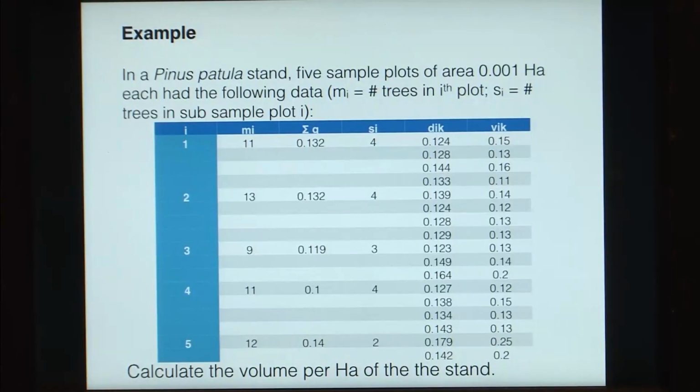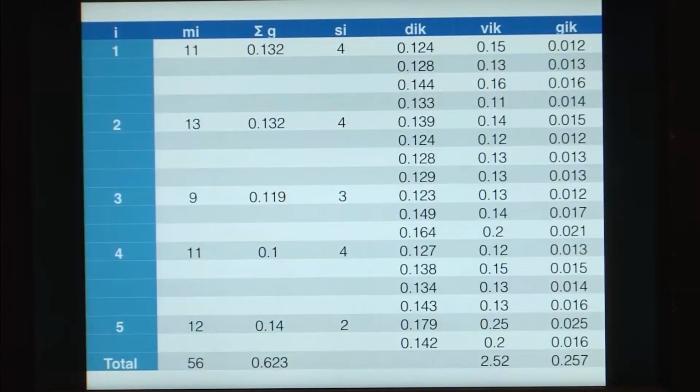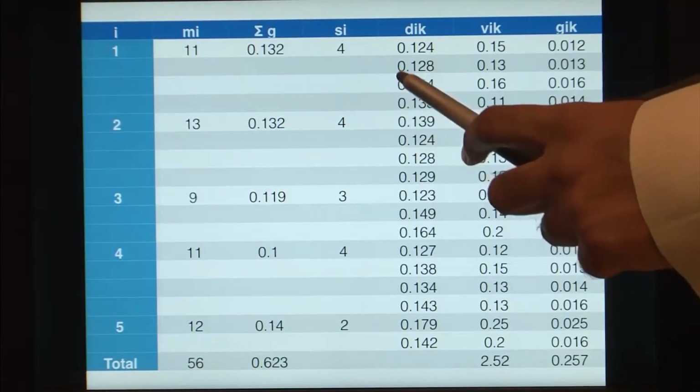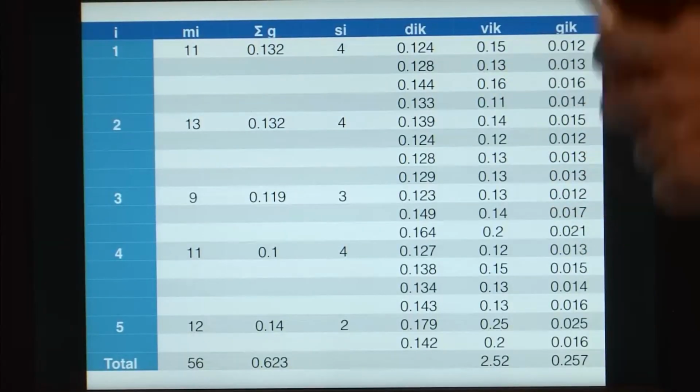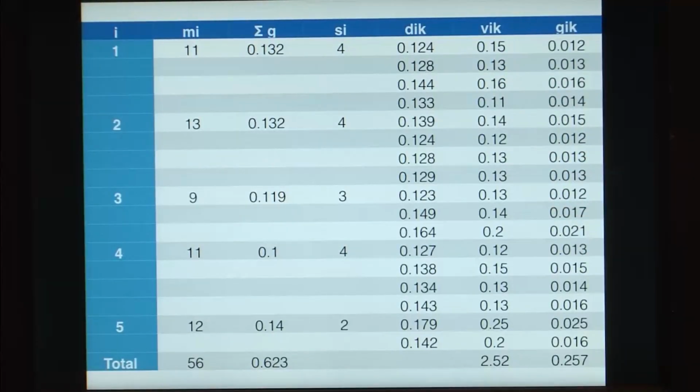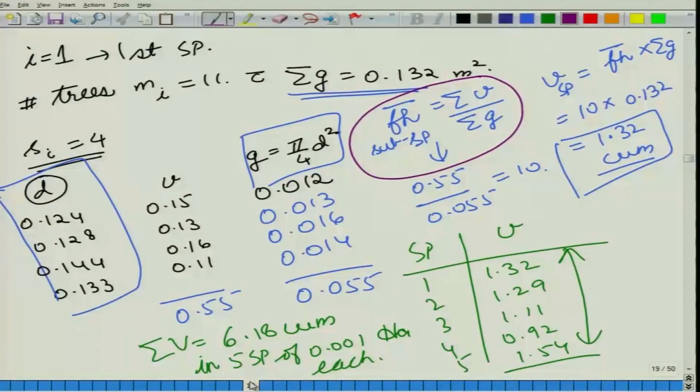If we expanded this table, we are already given the diameter values and the volume values, and we can compute this GIK. GIK is computed in the same way as we computed earlier. If we go to the tablet once again, these are the values that we had computed for the first sample plot: 0.012, so 12, 13, 16 and 14.